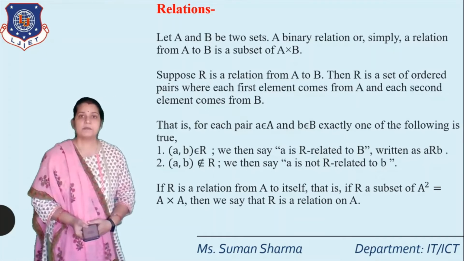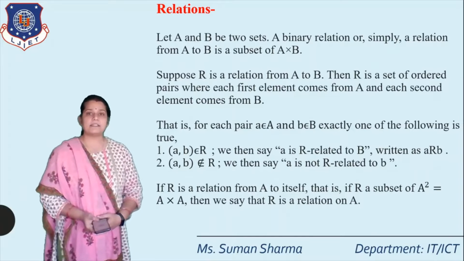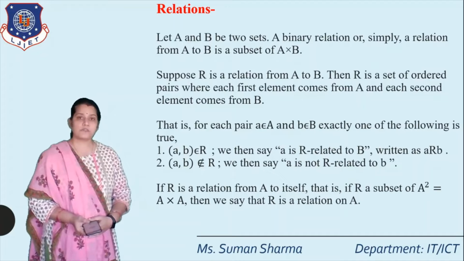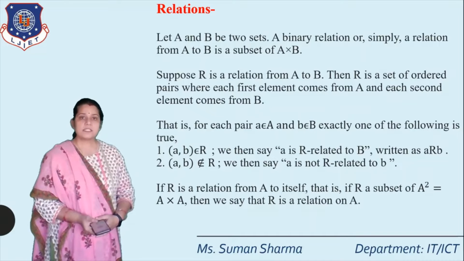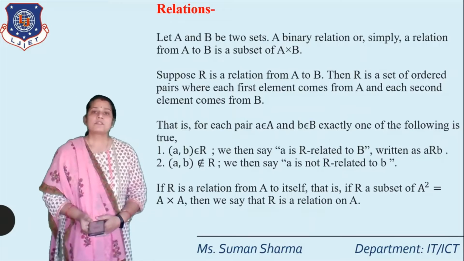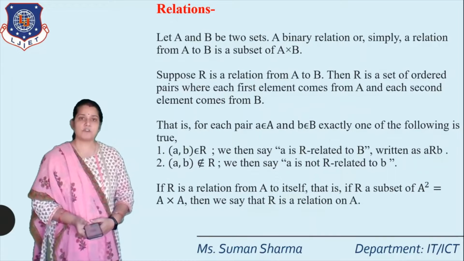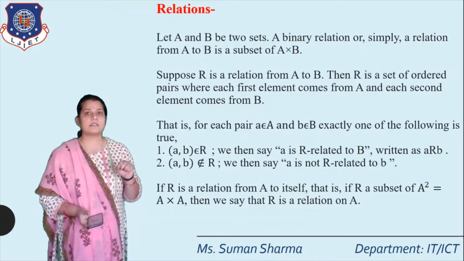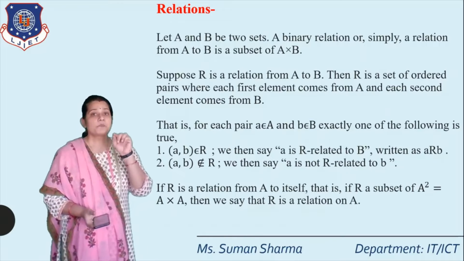Let A and B be two sets. A binary relation, or we can say simply a relation, from A to B is a subset of A cross B. Okay, so suppose there is a relation from A to B. Here we write capital R, which means relation.